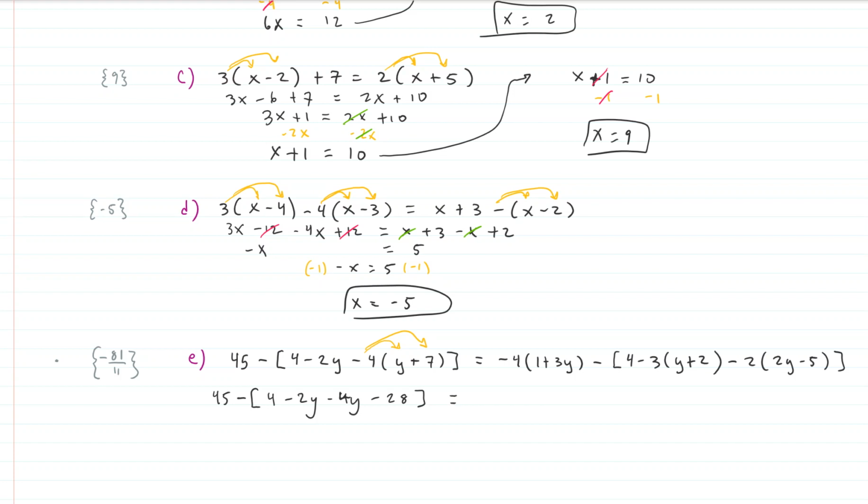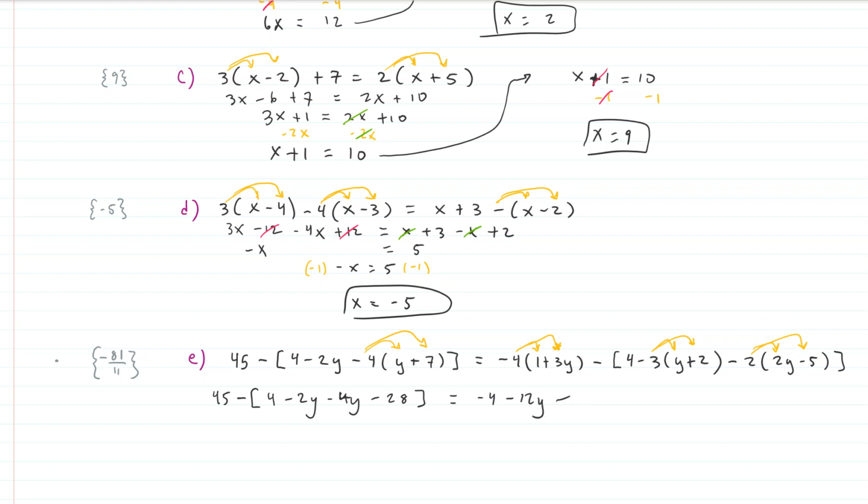On the right side, what can we do? Well, let's multiply the 4 through. We can also multiply the negative 3 through inside the bracket, and the negative 2 through inside the bracket. So here we go. 4 and 1 give us 4. 4 and negative 3y give us negative 12y.